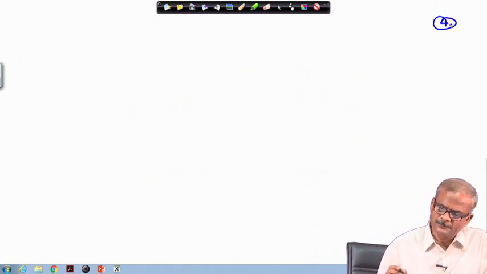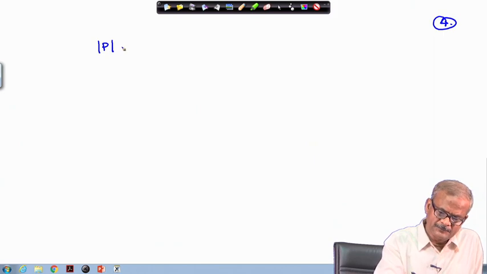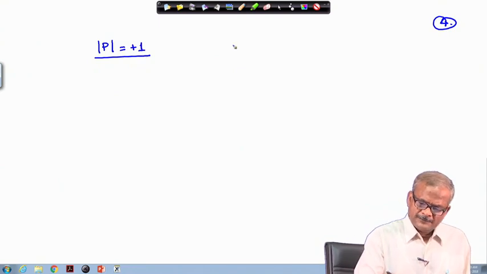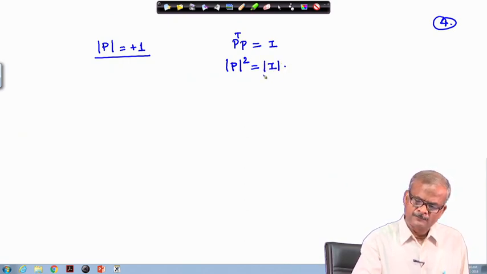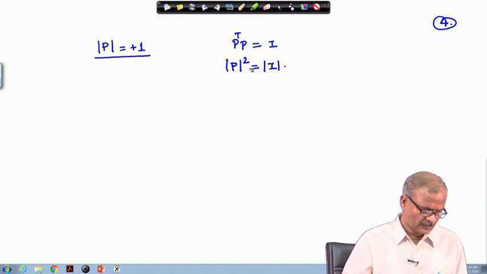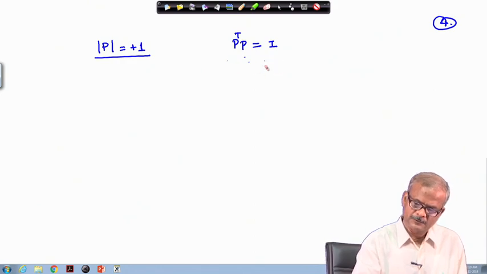Okay. Besides, we have forgotten one more thing, that we need to prove that this determinant of P tilde is equal to plus 1. So, already we have proved that P tilde transpose P is equal to I, and therefore, this P tilde square will be equal to... okay.